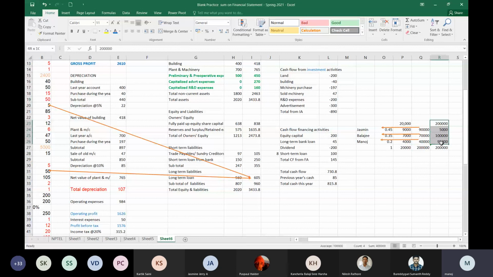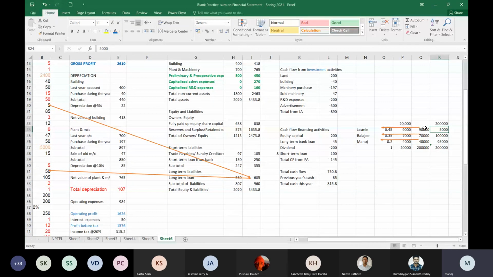Why did I give this example? Because many students and many others, while determining this percentage holding, are at a loss how to decide. I am putting in only 5,000 rupees, but I am giving so much to the company, so I must hold so much percentage. This is possible.